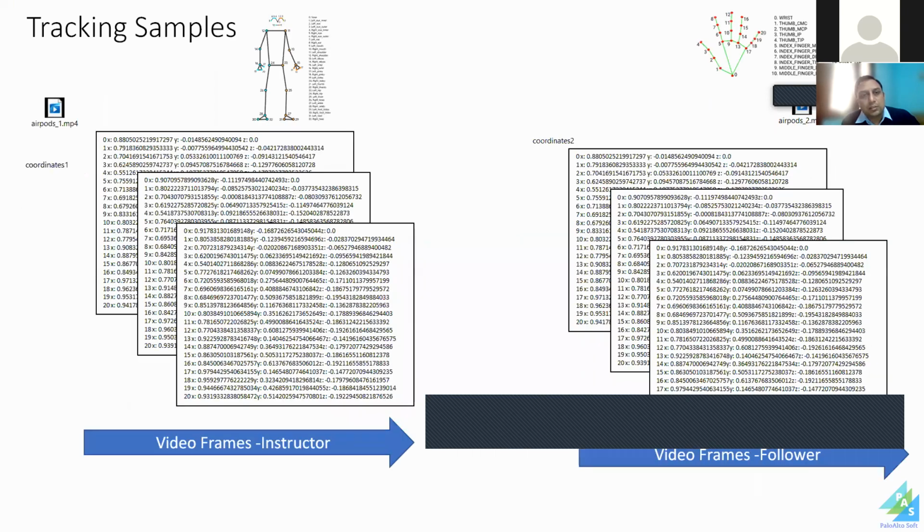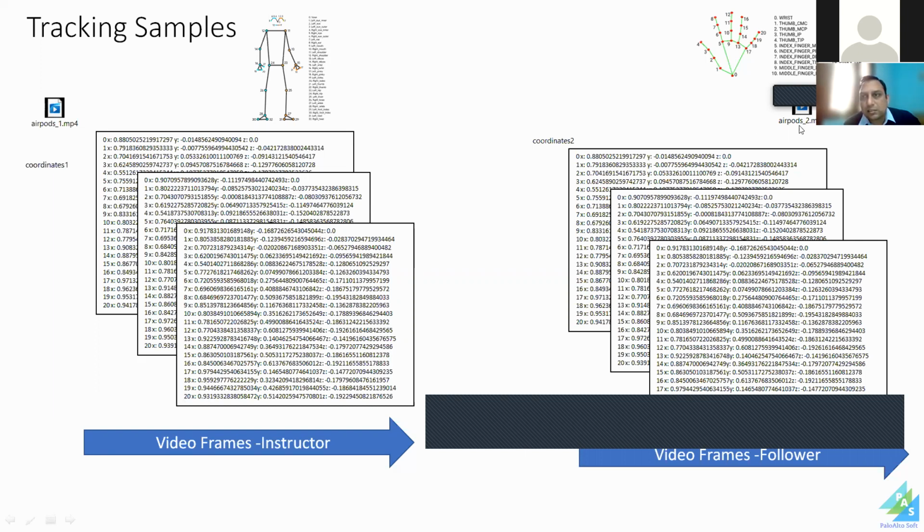Now if you see some more inputs, for example, this is airports 1.mp4, and it is generating a stream of coordinates. In this example, it has 20 data points, and it is generating a stream of these 20 data points, frame to frame.